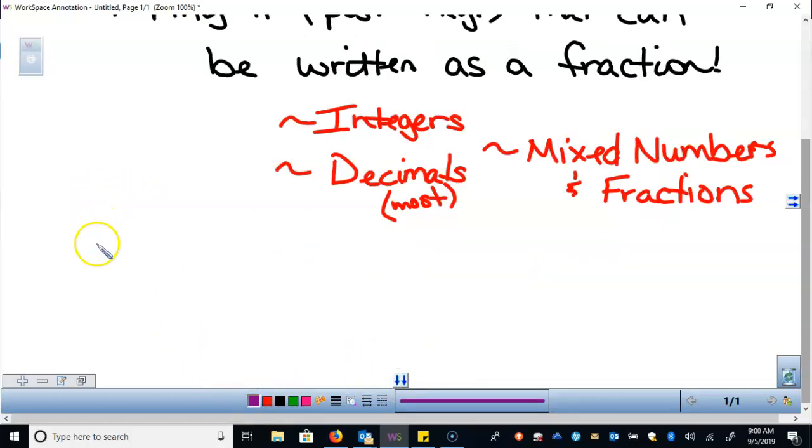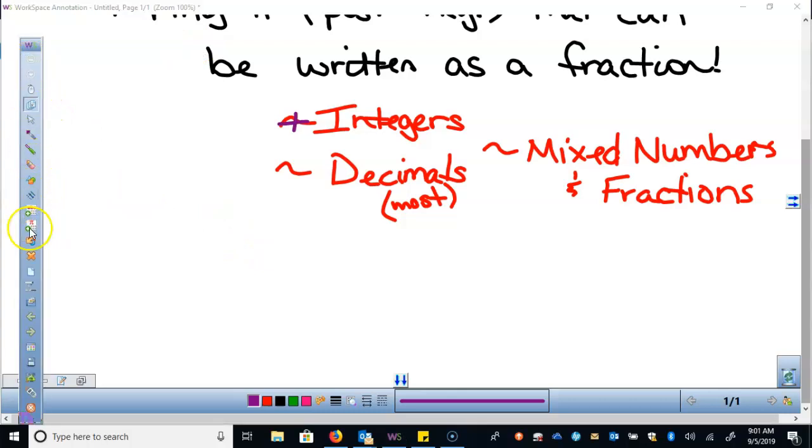So how do we add rational numbers? Well, here's the great news. If you know how to add integers already, which by this video, hopefully you do, then the rules of adding rational numbers are not really that different at all.